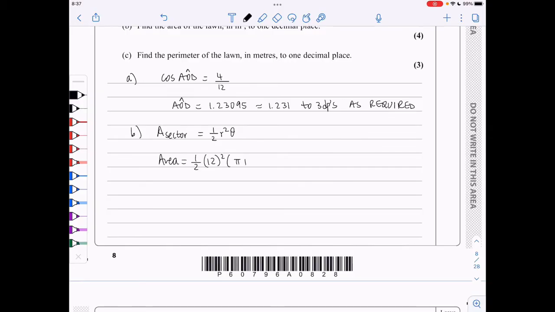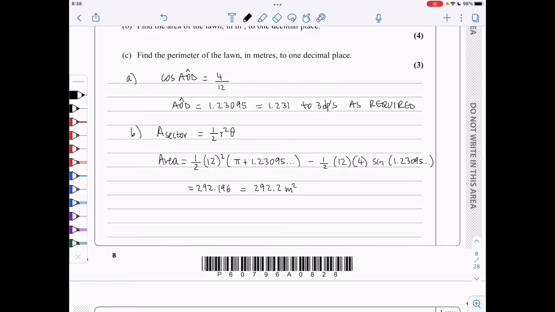The angle is pi plus 1.23095, minus a half ab sine C, so it's 12 times 4 times sine of 1.23095. I'm using full accuracy throughout, and I get an answer of 292.196, which is 292.2 square meters to 1 decimal place.